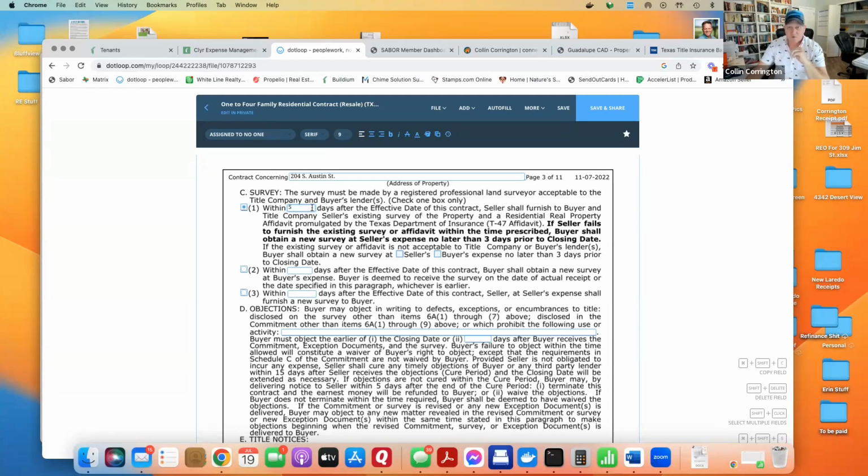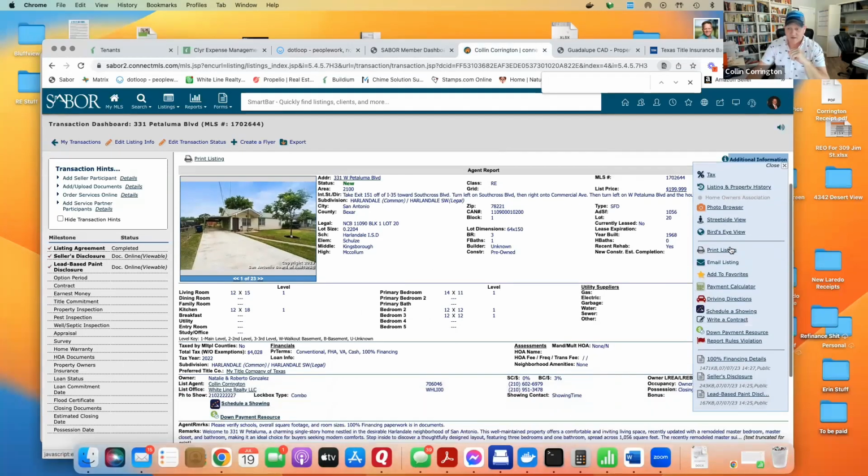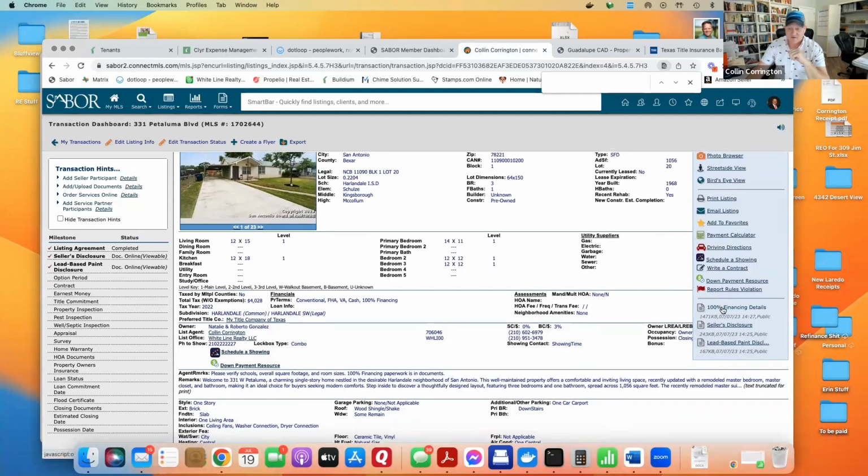Okay. So I only check this box if I know they have a survey. Colin, how do you know if they have a survey? Well, if I'm on this, I come over to additional information and I look at these documents. Here's the seller's disclosures, lead paint.